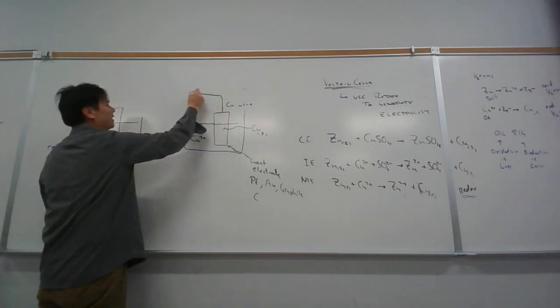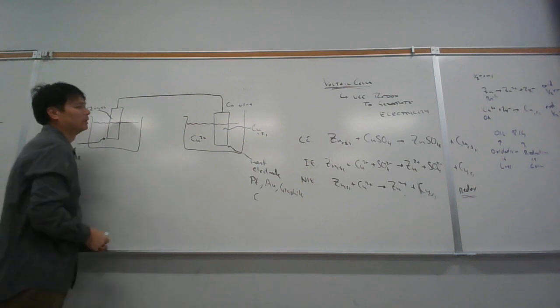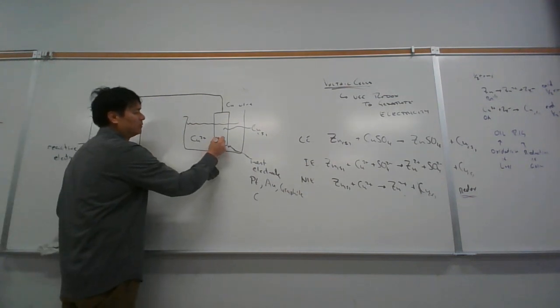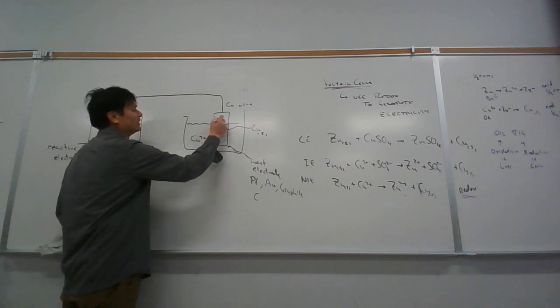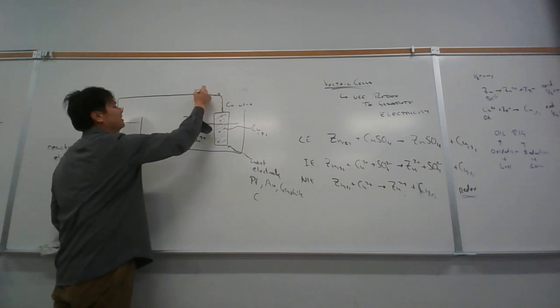And this copper wire, I'm going to connect all the way to the zinc here. Now, if you recall, metals have the electron sea. Remember? We have a sea of electrons here. And the sea of electrons is going to go through the wire too.